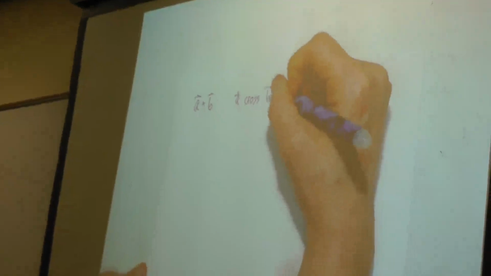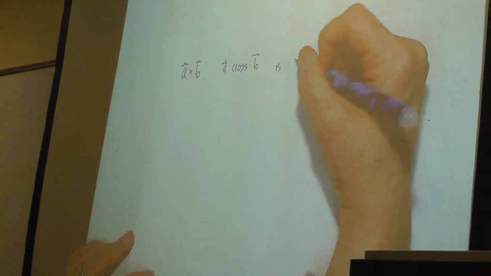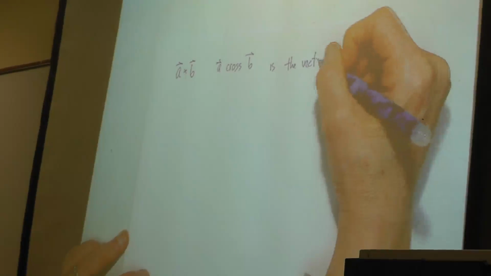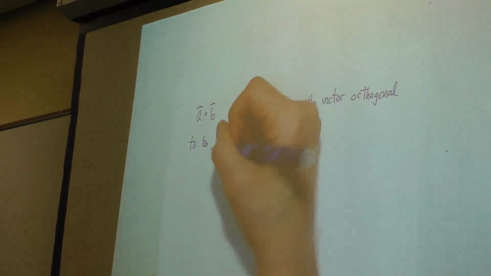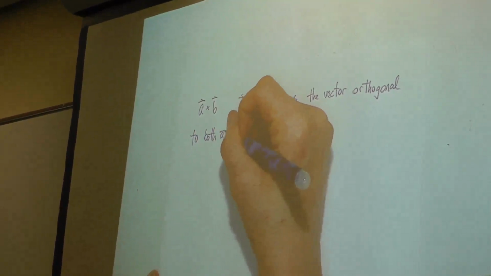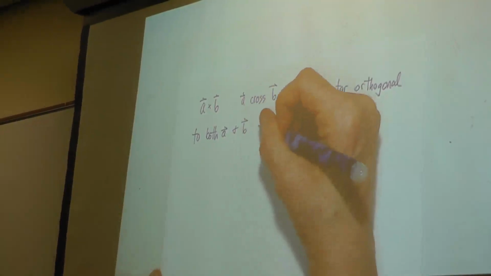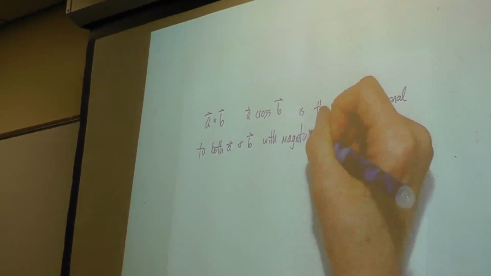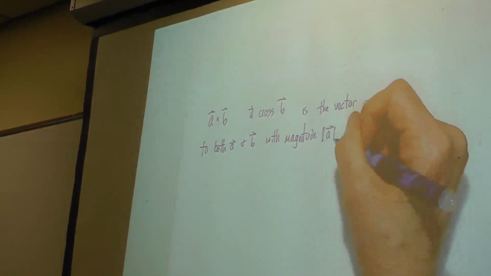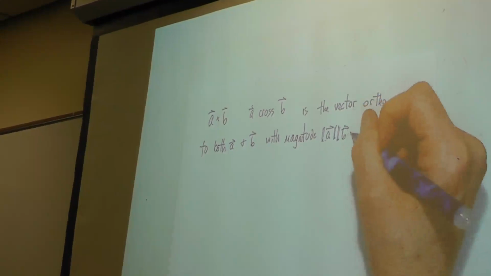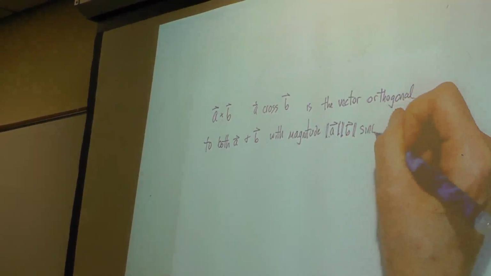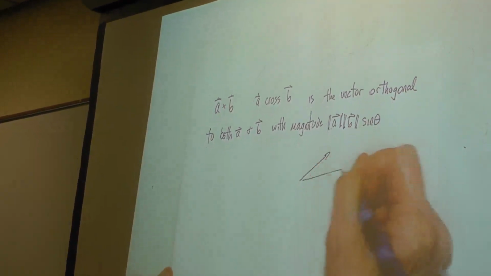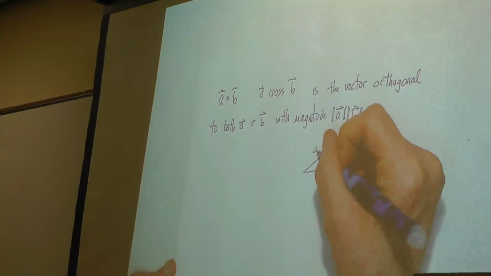A cross B is the vector orthogonal to both A and B with magnitude of A, magnitude of B, times sine of theta, where again, you've got to have your vectors tail to tail.